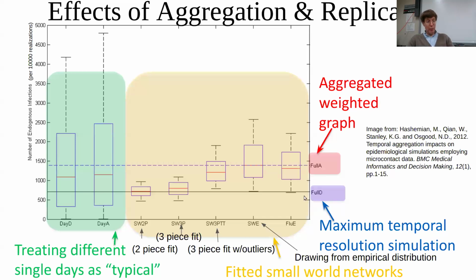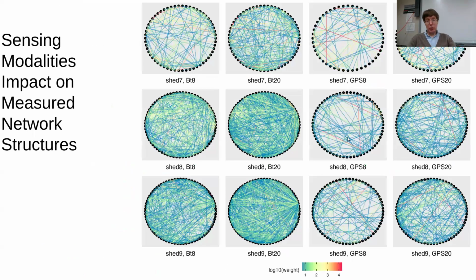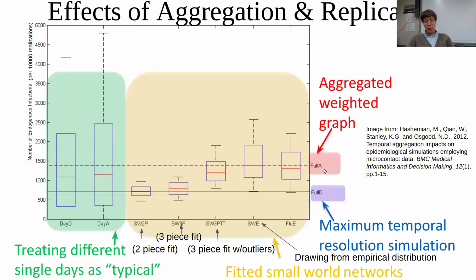If we simulated the network at a fully detailed level and we characterized the number of infections that occurred in the model, where these networks were changing every 5 minutes, versus if we had a fully aggregated network, right?